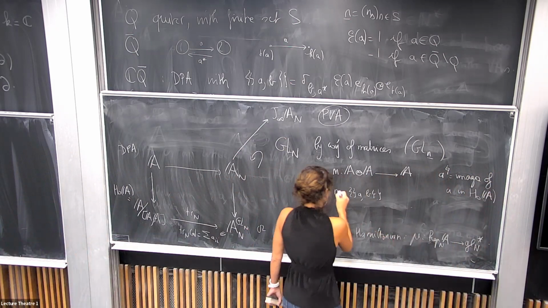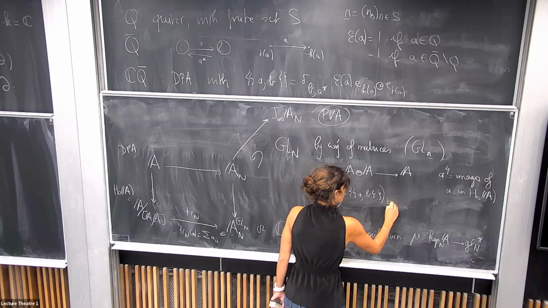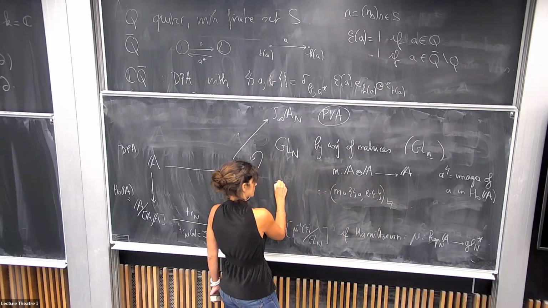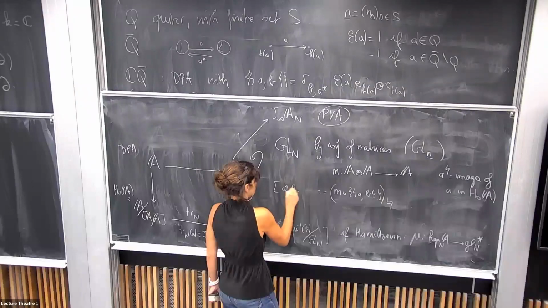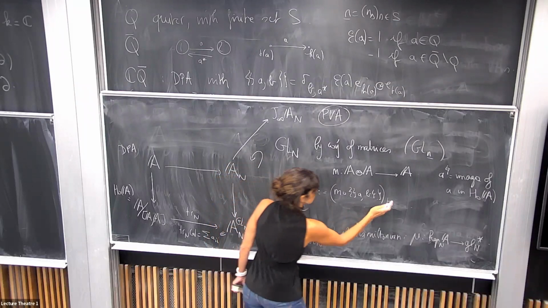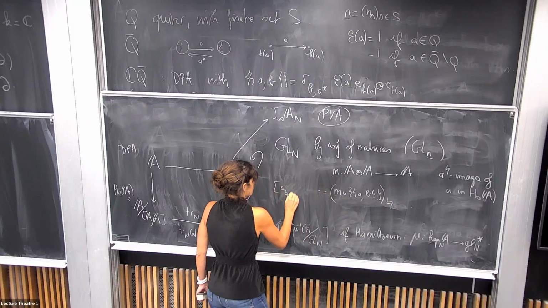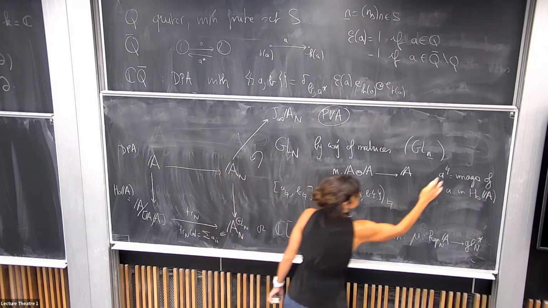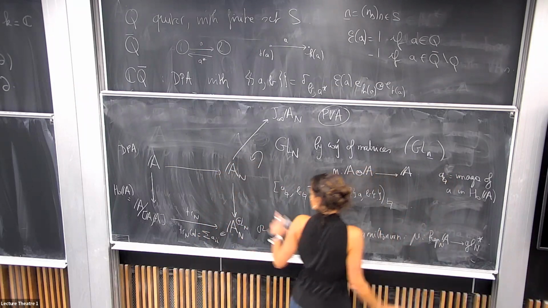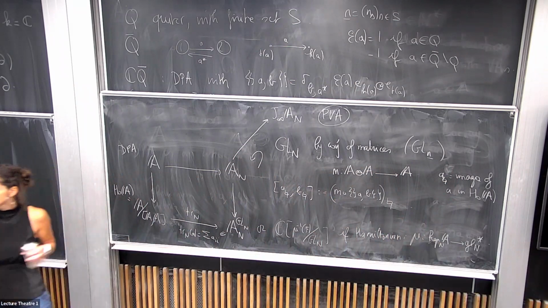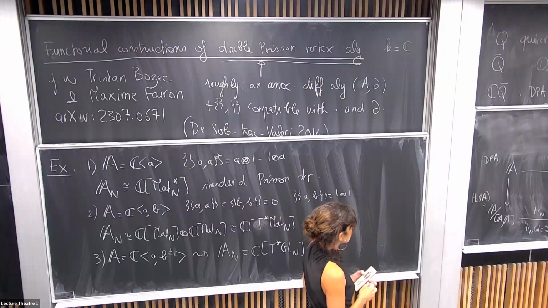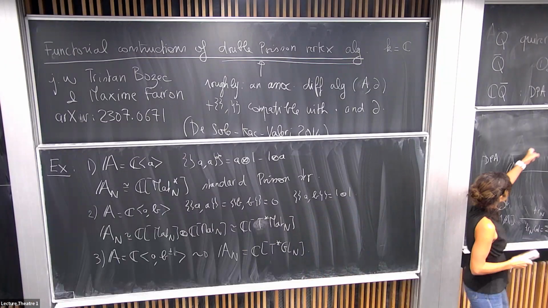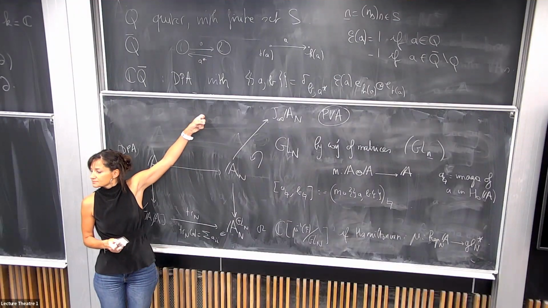All right. So now you can take the image here, and this is your Lie bracket. So this is how it works here. All right. So now I would like to discuss the vertex algebra setting.